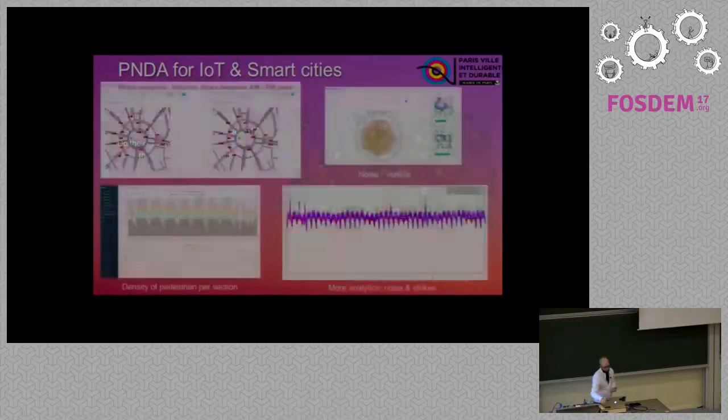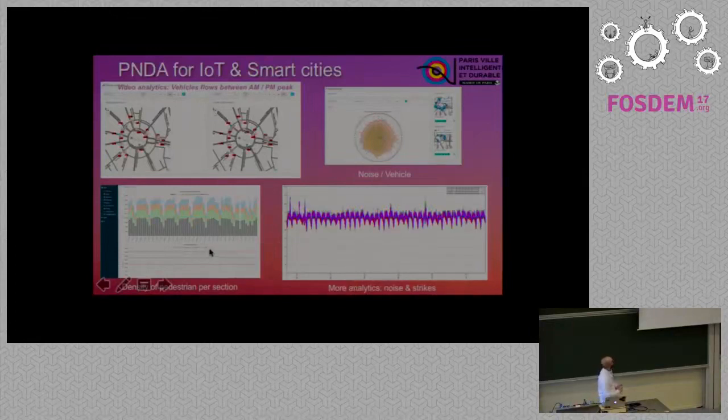So once you've got the infrastructure, you can build applications on top of that. So we are able to identify the different flows, the vehicle flows for each road. So then in case of a road closure, we identify the impact, so we are able also to correlate the noise with the vehicles.